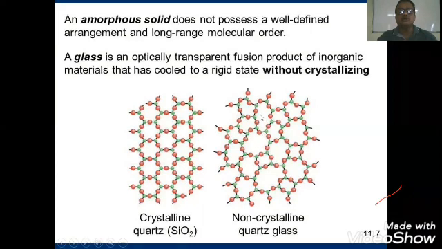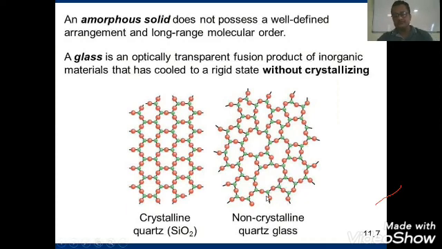And here you do not have a regular geometrical arrangement of the constituents. So in a crystalline solid, the particles follow a definite geometrical arrangement from one end to the other end. But in an amorphous solid, the geometrical arrangement does not follow a regular pattern from one end to the other end.